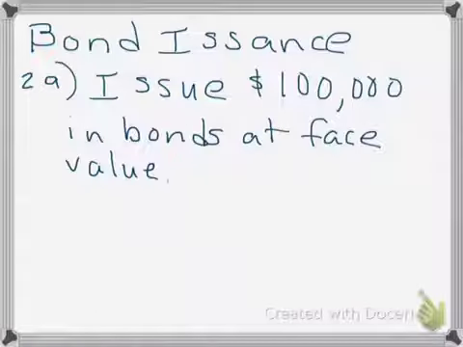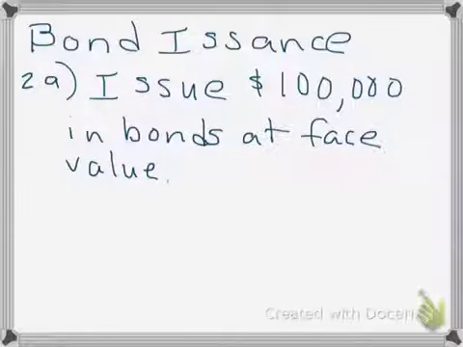The other item that we look at on this worksheet are bond issuance, and that's really all that you have to know for that long-term liability chapter: how we issue a bond when we're looking at these journal entries. It's the only journal entry that you have to do. So what we see here is we issue $100,000 in bonds at face value.